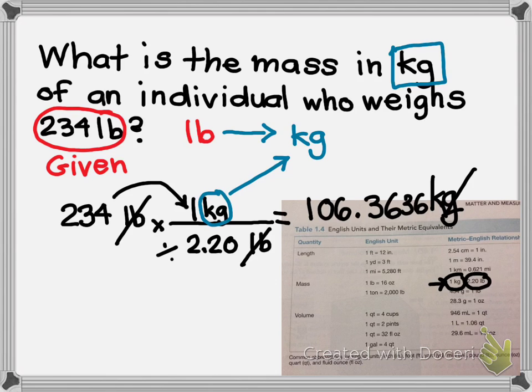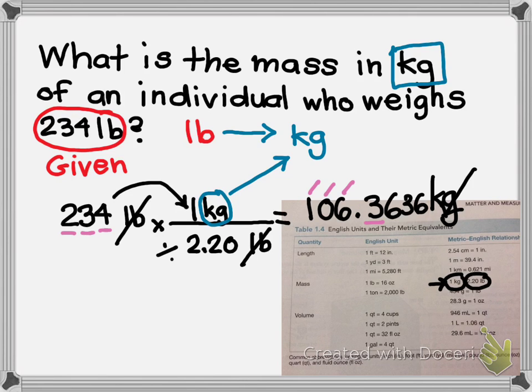Now another thing we're trying to do is put this in significant figures. So if I go back to what I was given, I see that I was given 1, 2, 3 significant figures. So I'm going to keep 1, 2, 3 significant figures. I'm dropping a 3, so it's less than 5, so we'll keep our last digit the same.